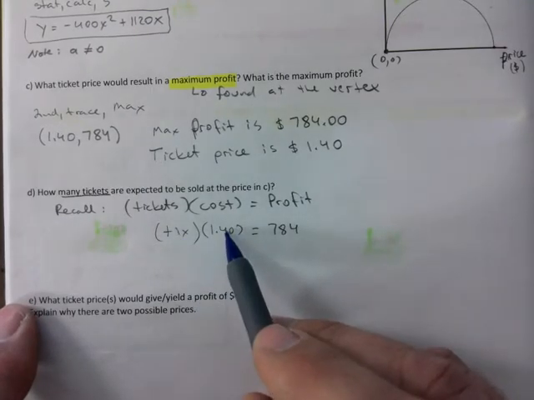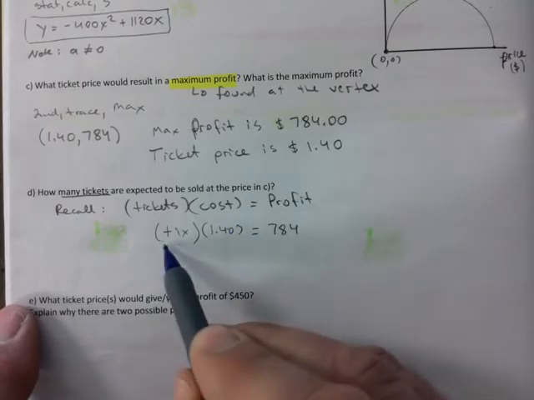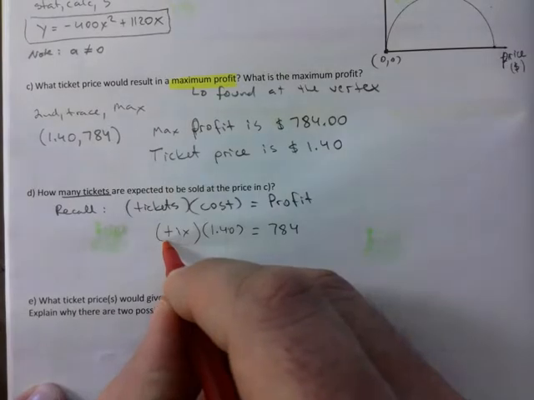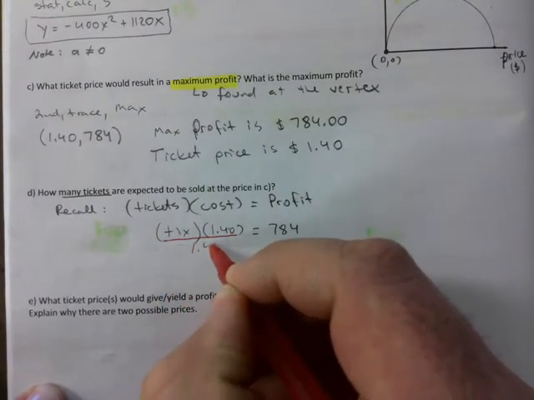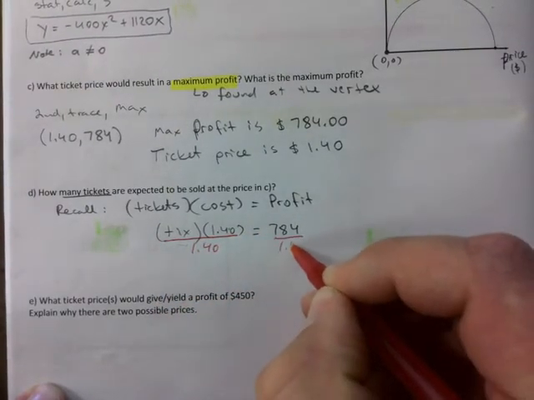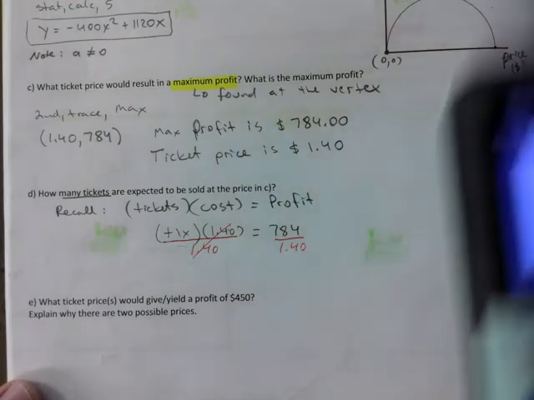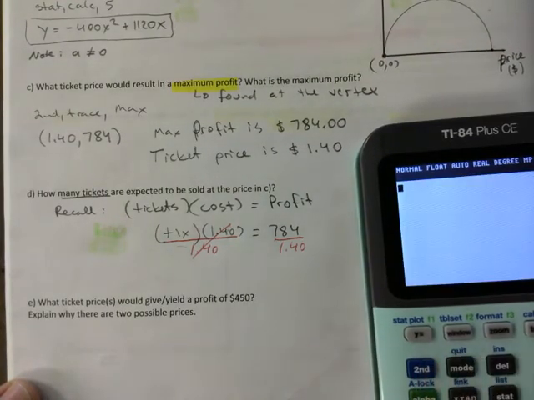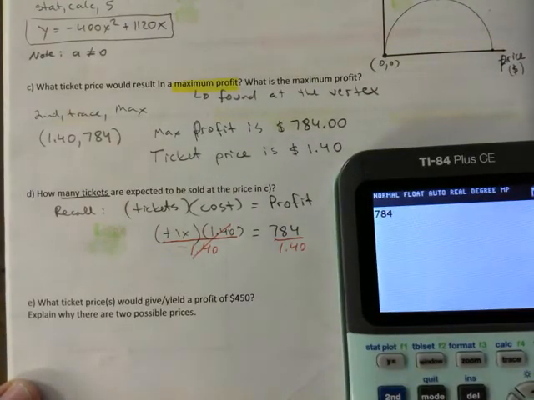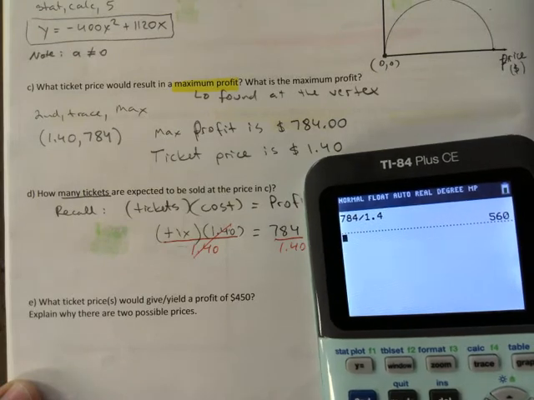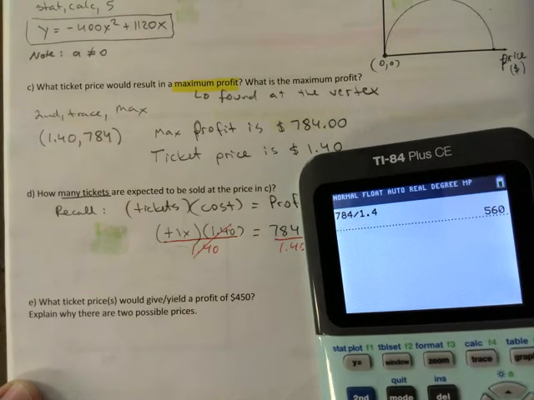So what would you do there to figure out the number of tickets? You want to get rid of that, so you would just divide both sides by $1.40, because that allows you to do that. If you have your profit and either tickets or cost per ticket, you can just divide and get, in this case, a round number.